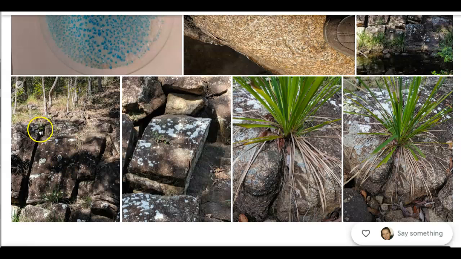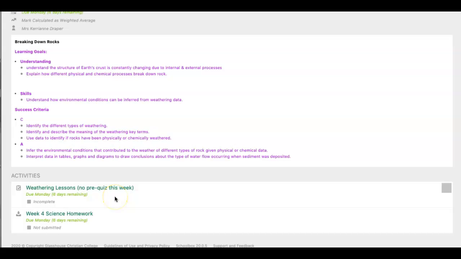When I show you rocks with these great big lines cleaved in them, what type of weathering do you think, physical or chemical, is breaking that rock down? By the end of this week, I want you to be able to start to identify that in the Glasshouse Mountains.